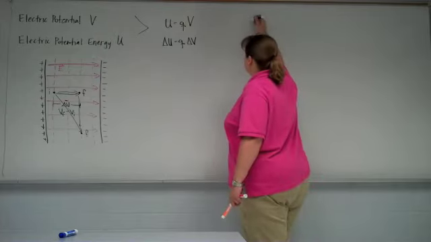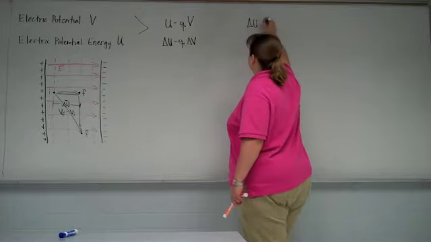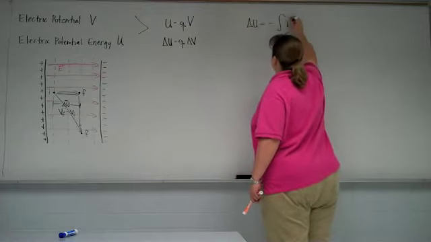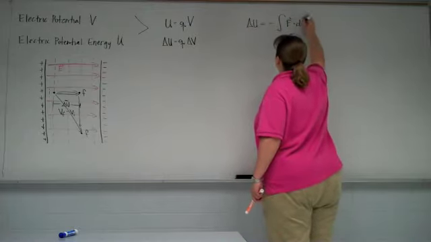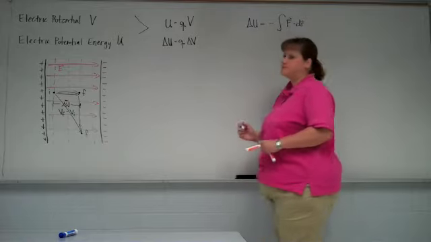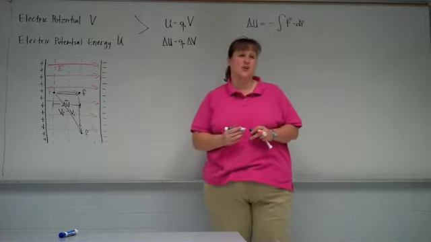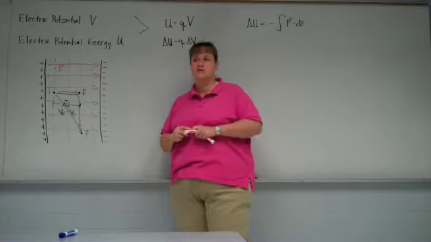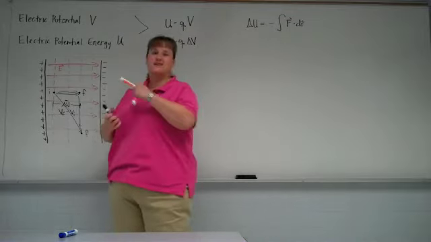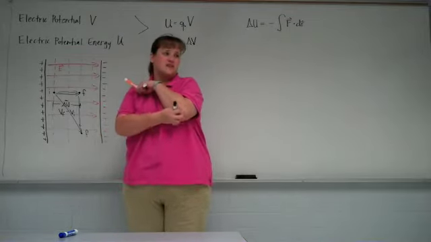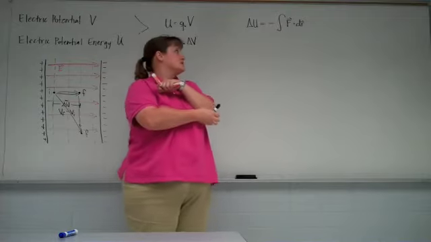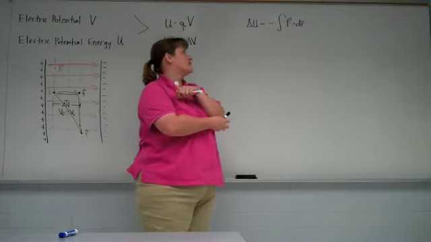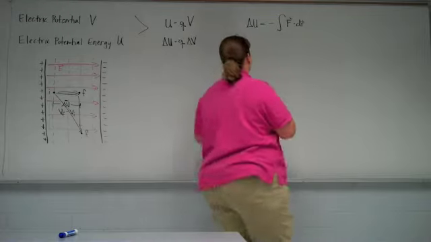So that will take us back to what we were doing yesterday, where we said delta U was the negative integral of force dotted with displacement. That's just our work equation. Work is the integral of force dotted with displacement. Negative sign comes from the conservation of energy.